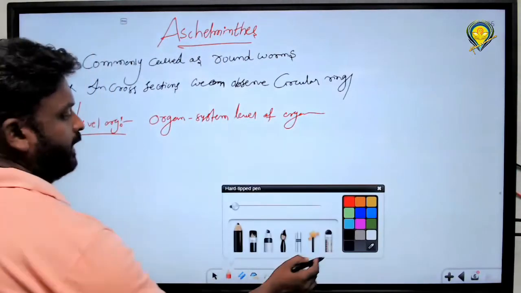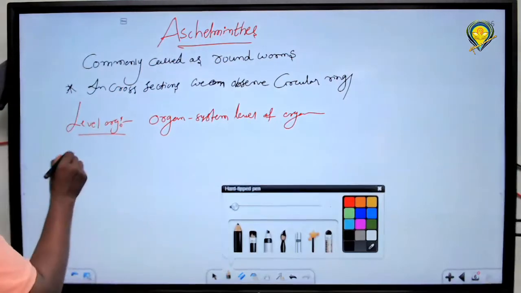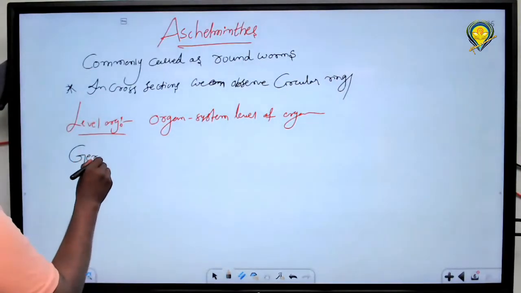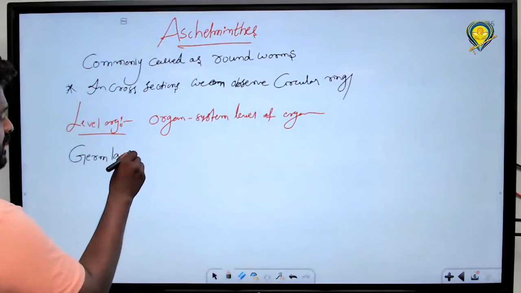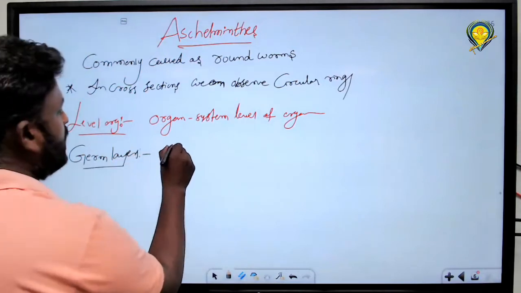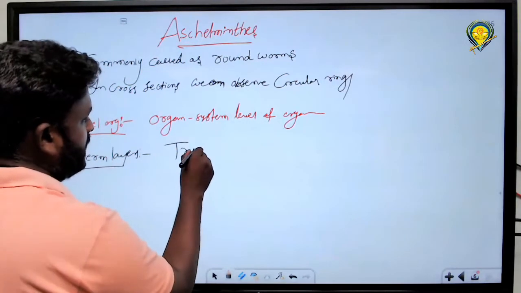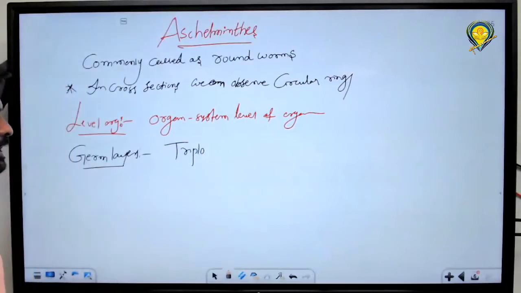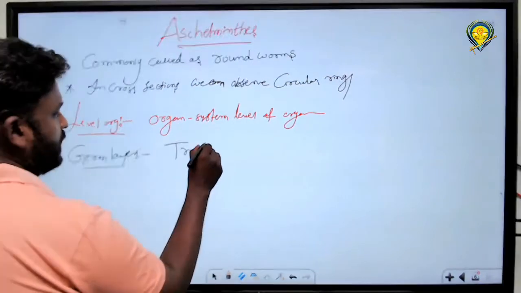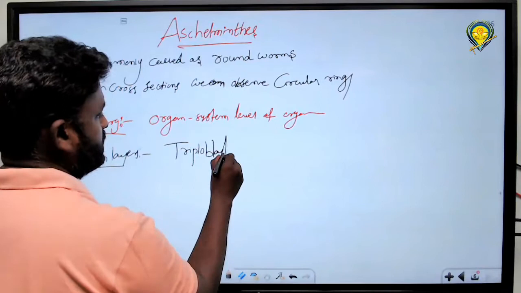Very good. And next one, what kind of germ layers will they have? Diploblastic or triploblastic? Definitely it belongs to triploblastic, having 3 germ layers: ectoderm, endoderm, and mesoderm, right? So definitely it is triploblastic.